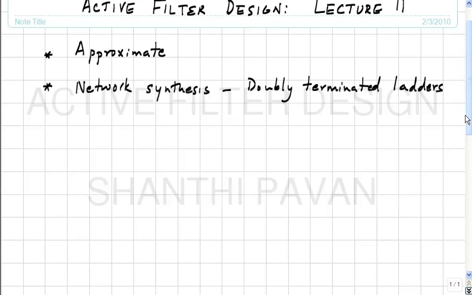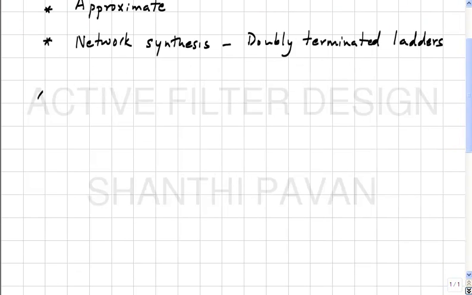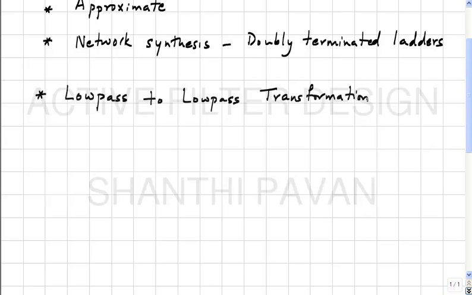Before that, let me draw your attention to a very simple thing. The simplest of all these techniques, and let's say you had a filter, some characteristic with some critical frequency omega naught.